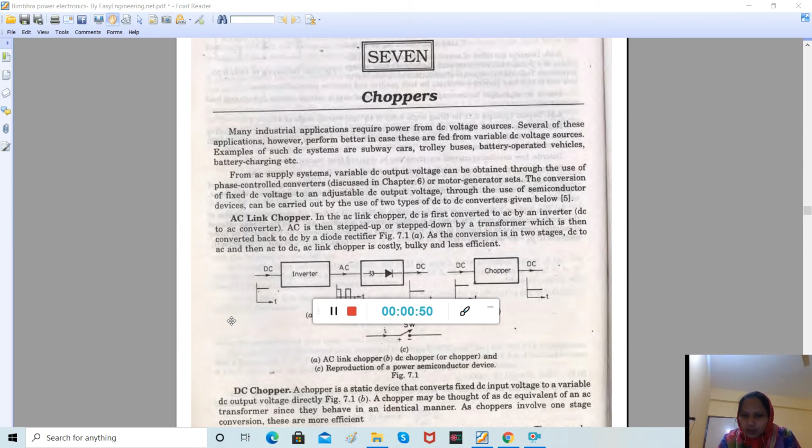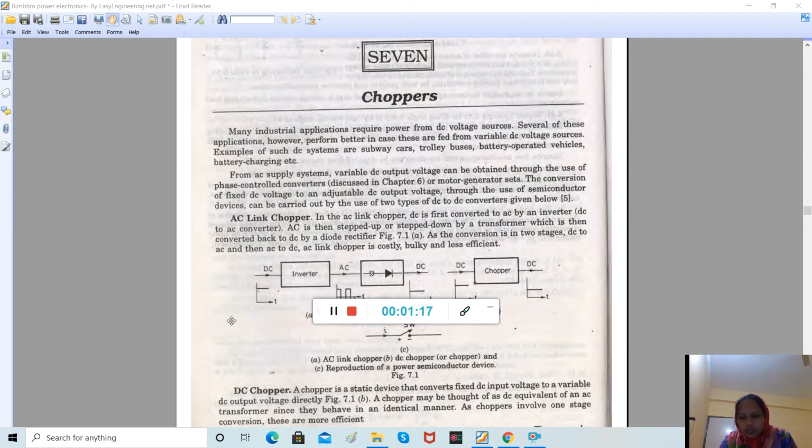Okay, so in this chopper, what you see in many industrial applications is that they require power from DC voltage sources. Several applications are, for example, let's take some examples which are fed from variable DC voltage sources.